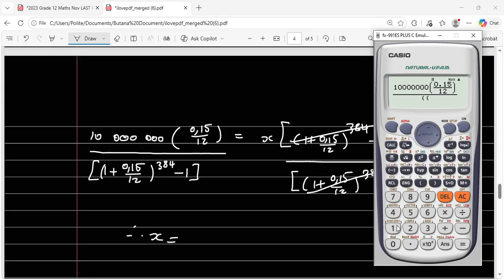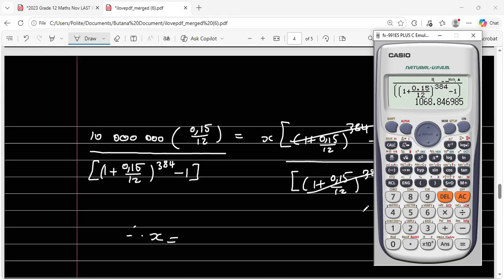Then I have 1 plus 0.15. Also try and practice to put this on the calculator. 384. Oh, the 384 is on top. You see, already making mistakes. 384. Then we minus 1. Then that's when you can close the bracket.